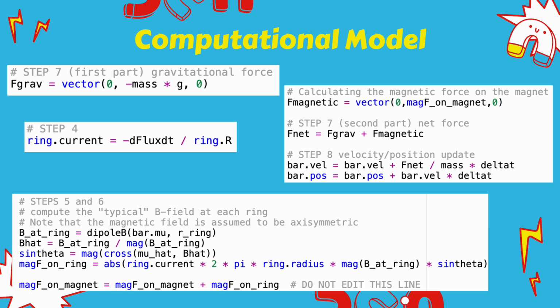Then you compute the magnetic field of one ring, and that will apply to all the rings, which is the same thing we did before. To find the net force, you just add the gravitational force and the magnetic force.